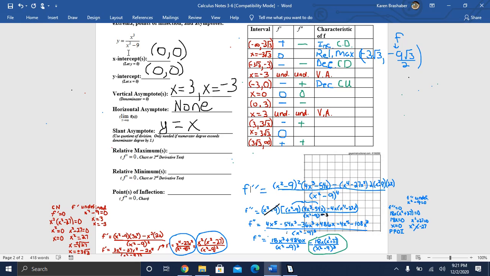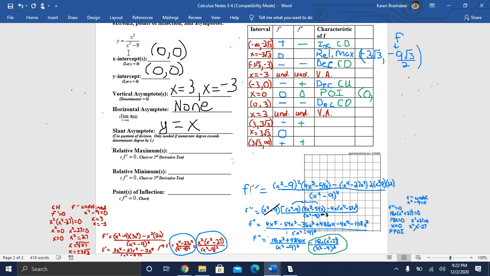The graph stays decreasing. So that lets us know that although 0 was a critical number, it does not produce a maximum or a minimum. But we do have a change from concave up to concave down. And so that makes the 0 be a point of inflection. We went from concave up to concave down.